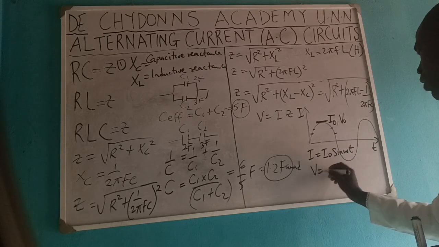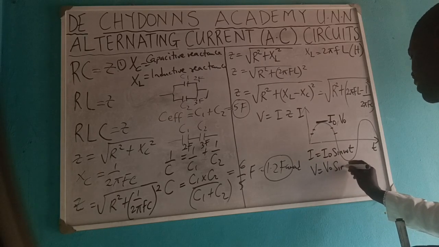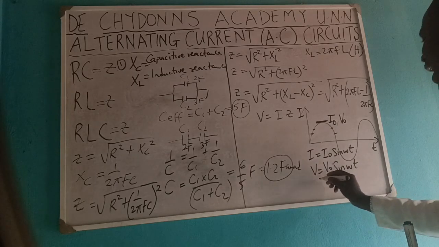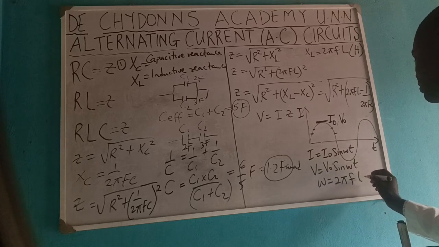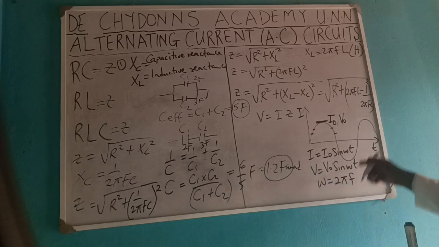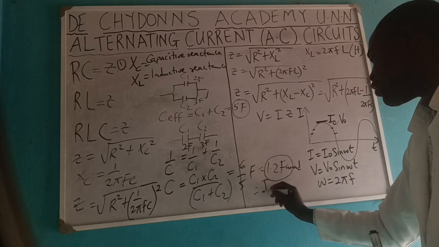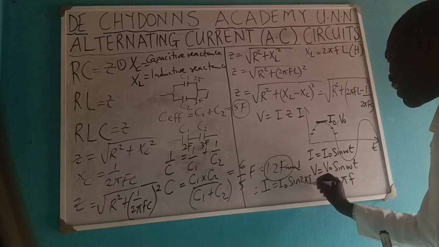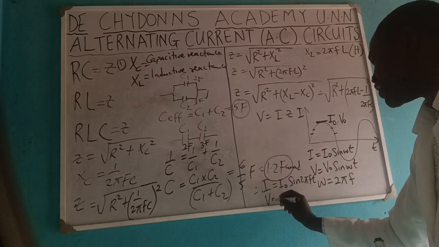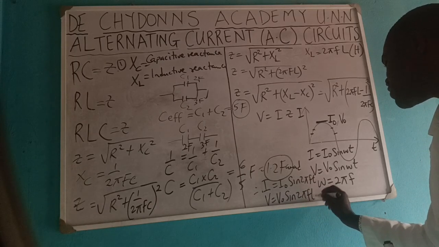The voltage will be equal to V0 sine WT also, where W will be equal to 2 pi F. Therefore, I will be equal to I0 sine 2 pi FT, whereas V is equal to V0 sine 2 pi FT.